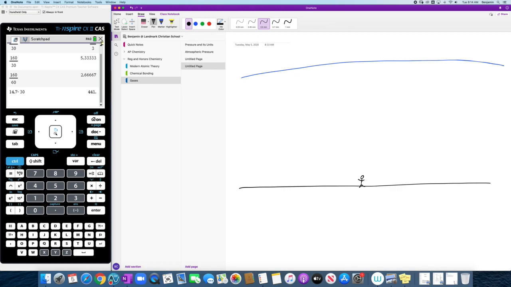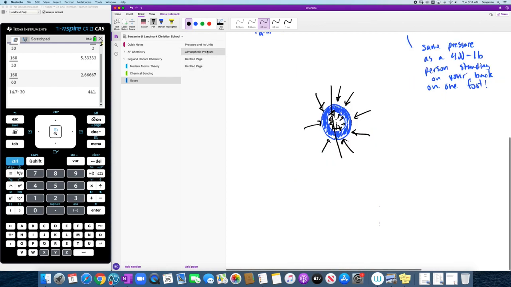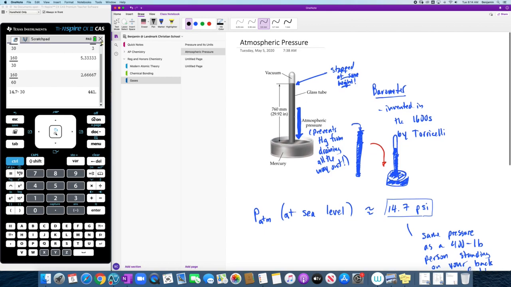And it turns out if you go up a mountain, there's less atmospheric pressure up there. I think Torricelli even tried experiments like this. He took his barometer device and he walked up a mountain with it, or at least some hills there in Italy.